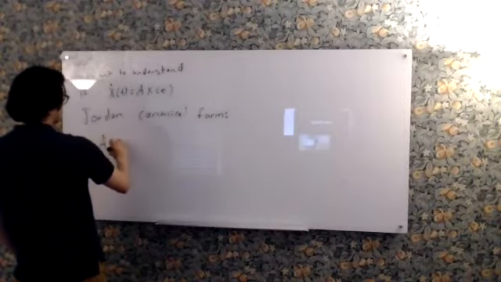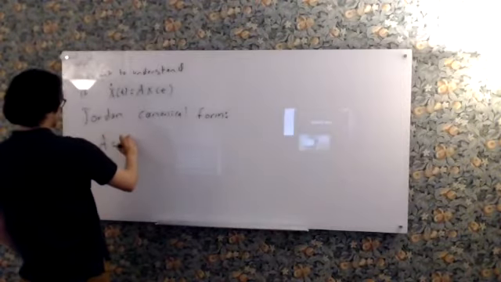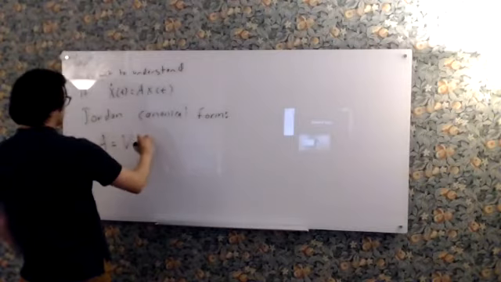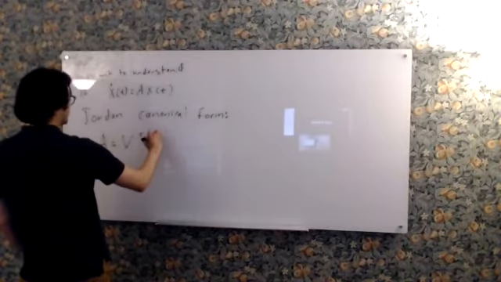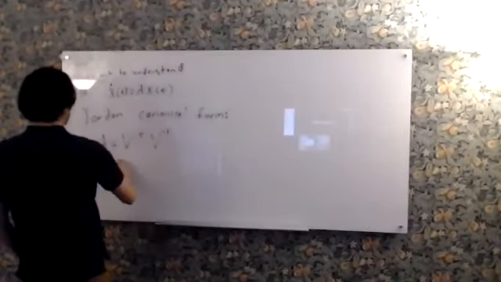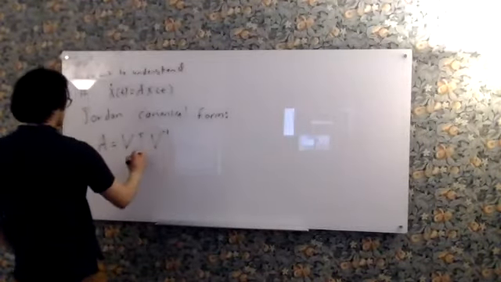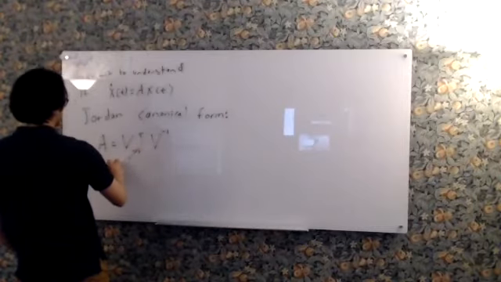A is equal to V J V inverse, where this thing is J, this Jordan matrix.